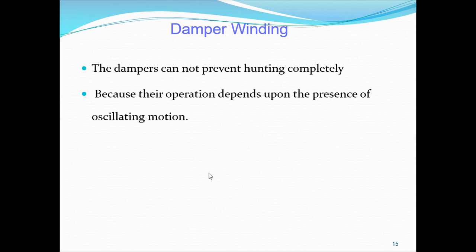And another thing is the damper winding cannot prevent hunting completely. That means it is not completely removed, but it reduces the effect. So when it reduces the effect, there is no possibility of the synchronous motor coming out of synchronism.